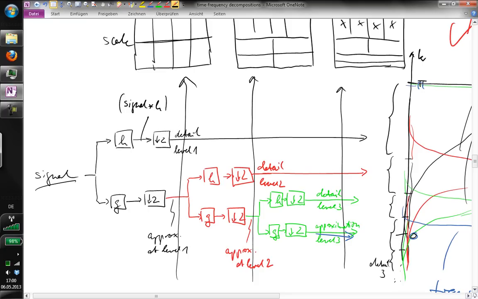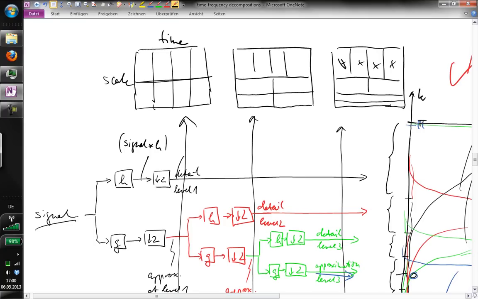And then at this point here, I've left away every other result, and that already has given me the coefficients up here. Oh, sorry, when I say signal, I mean a vector. So my signal is a vector, and after convolving it, this is still a vector. So it's a circular convolution using periodic boundary conditions and so on. This is still a vector. And then after downsampling by a factor of 2, it's a vector with half as many entries. And those are the entries that you have up here.